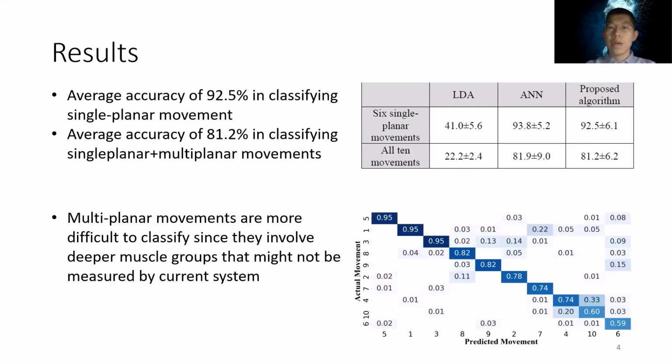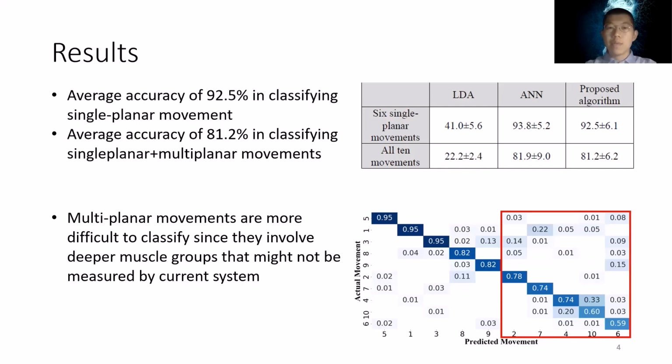Furthermore, in this confusion matrix, you can see that the classification accuracy varies among different movements. For some neck movements, the classification accuracy could drop down to approximately 60%.